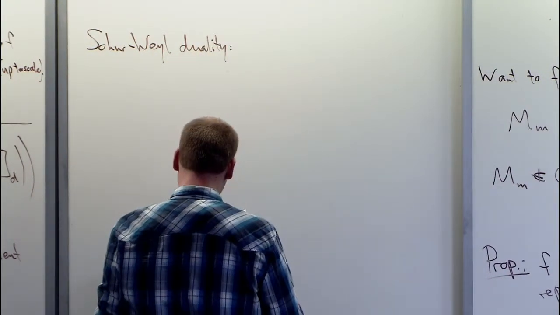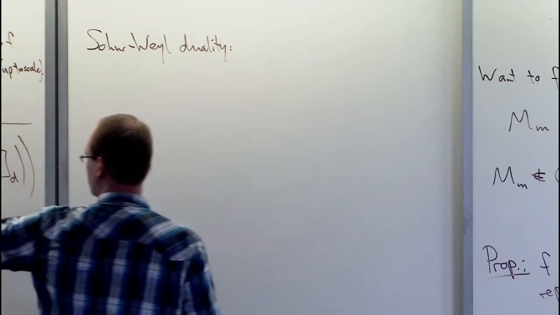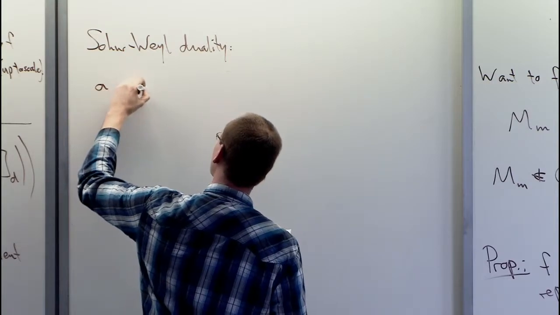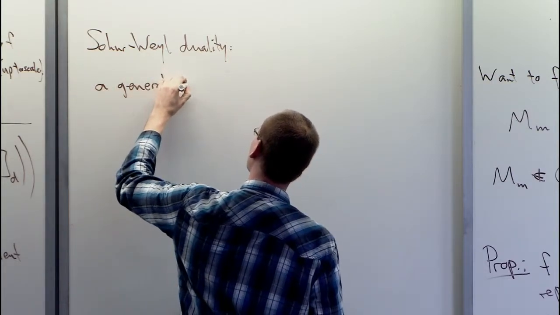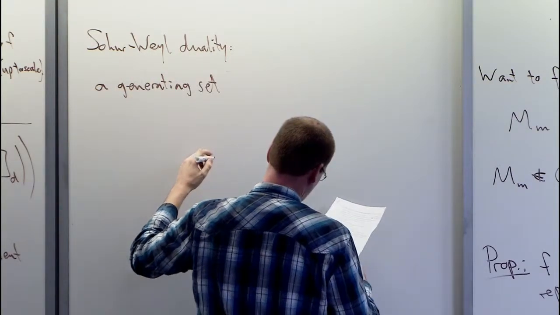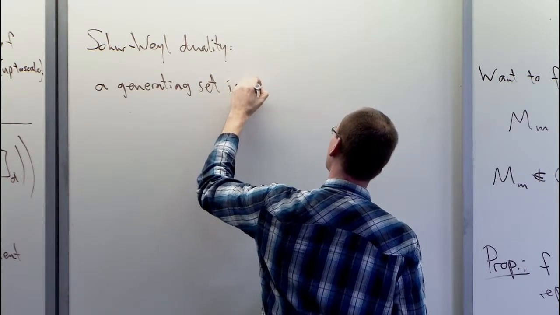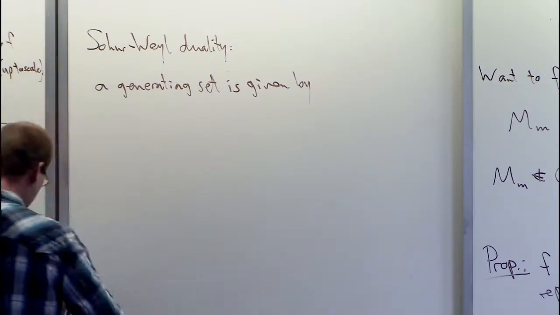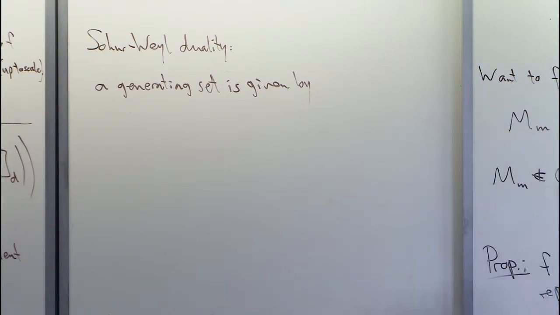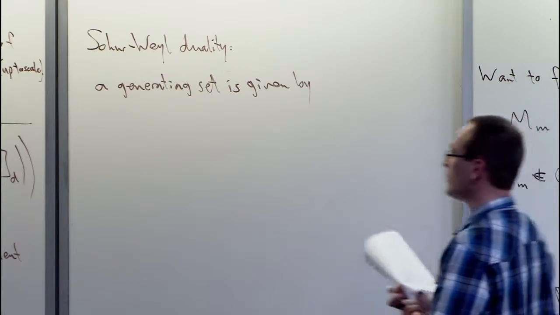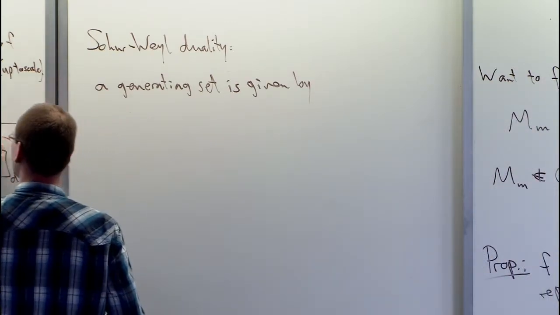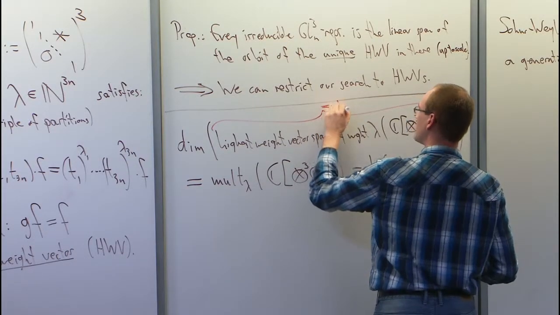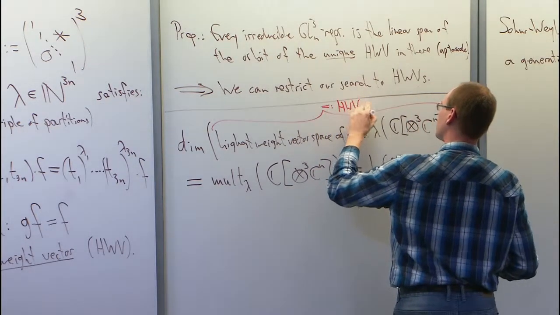It says that there's actually this vector space here, and a generating set of this space, let me give it a name, this is the highest weight vector space, highest weight vector lambda.